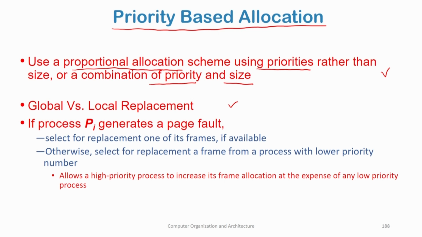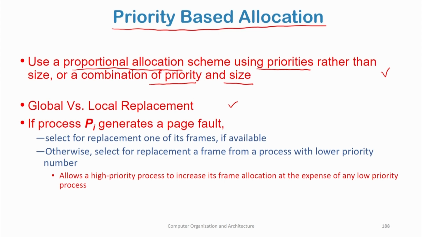I will consider all frames in my entire memory and I can choose any frame for this page, and then this frame will come into P1. So, P1 has had a page fault, P1 contains a set of 10 frames. Now, in global replacement I am not considering that I will only use one of these 10 frames for replacement.